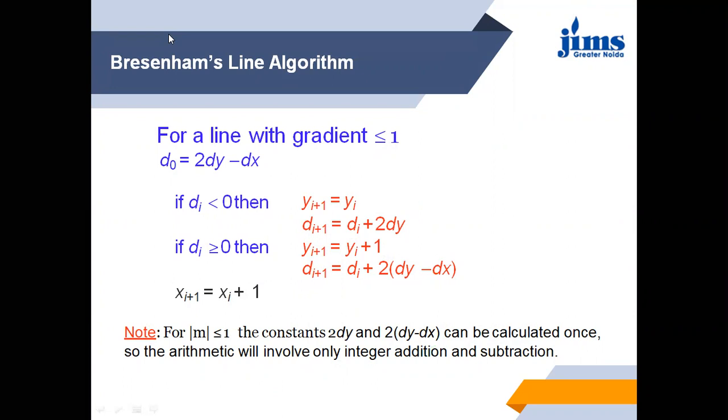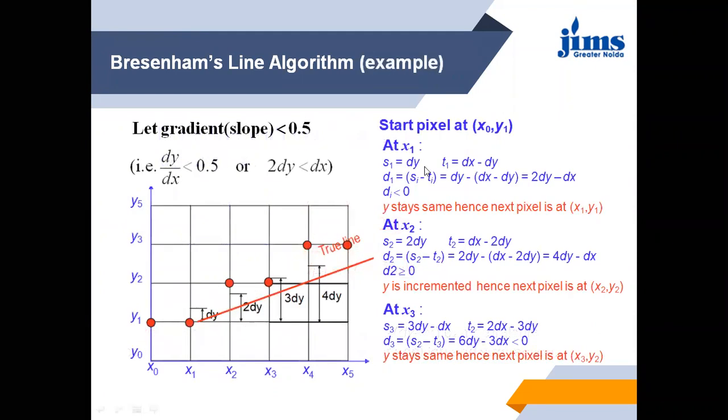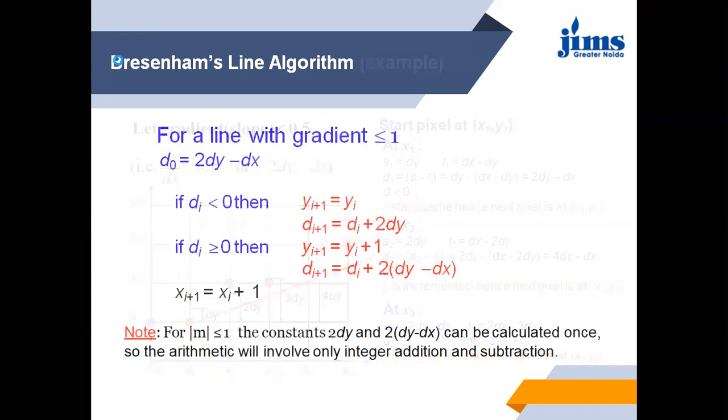Here I am summarizing the same thing: for a line with gradient less than or equal to 1, we first find the value of d0, our decision parameter, and d0 is equal to 2dy minus dx.